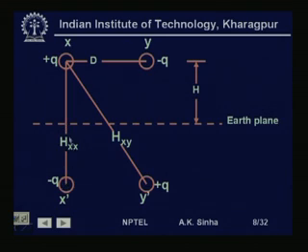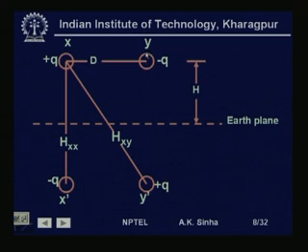That is, the distance between conductor x and its image, h x x, will be equal to 2h, and the charge on this image conductor x dash will be minus q coulombs per meter.